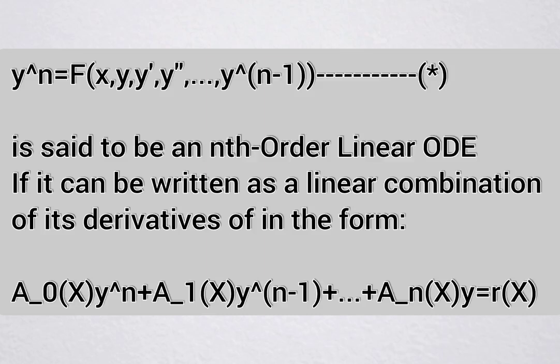It's said to be an nth order linear ODE if it can be written as a linear combination of its derivatives in the form a0(x)y^(n) plus a1(x)y^(n-1) plus ... plus an(x)y is equal to r(x).